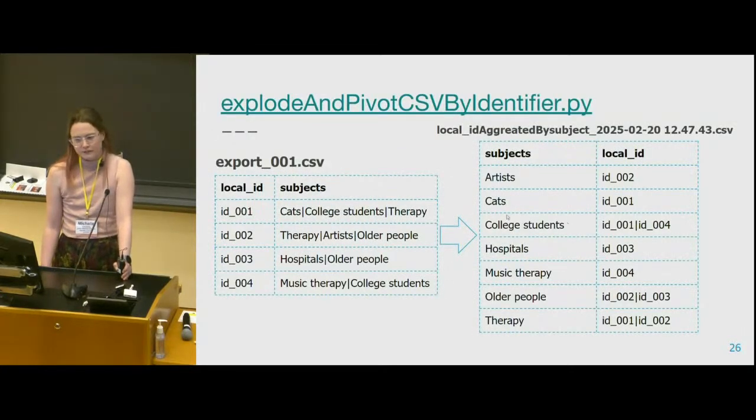Explode and pivot CSV by identifier. This is my favorite script ever, honestly. A lot of times I'm normalizing names or subjects, and if the export is like this, where there's a bunch combined, that makes it hard to do. So this essentially pivots and explodes.